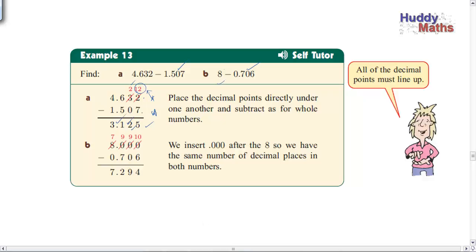What about this one? 8. Look at all the place zeros there, indicating there's no tenths, hundredths or thousandths. And subtract 0.706. So 6 from 0 doesn't go, and you've got to borrow it from right up here.